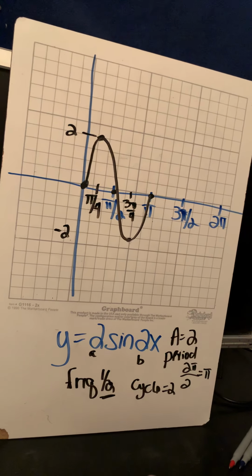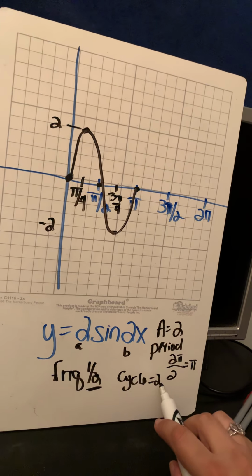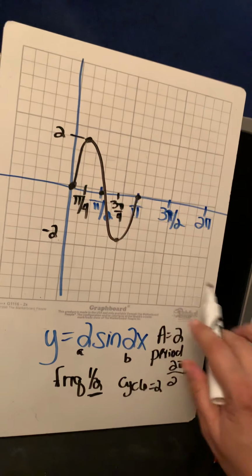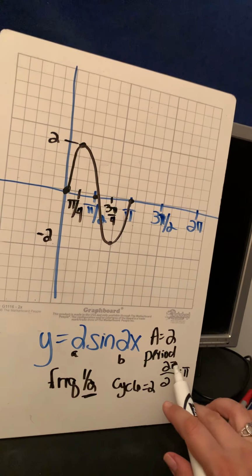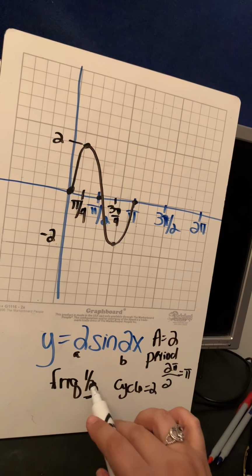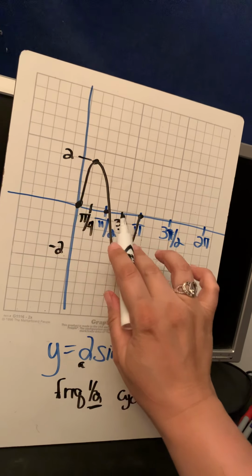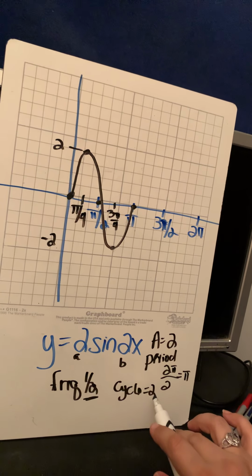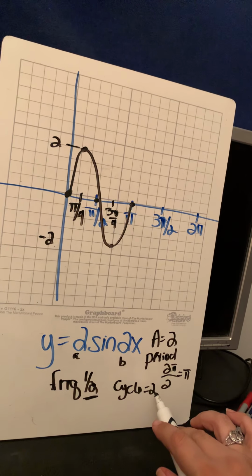And if you look, the cycle to 2 pi, how many am I going to have? 2, so I'm going to have to complete it. One period ended at pi. Its frequency is every half unit. And its cycle is at 2.